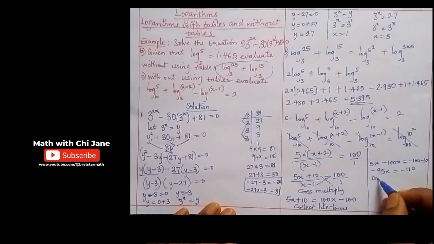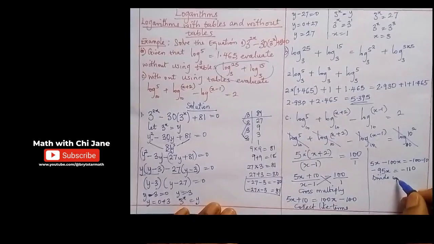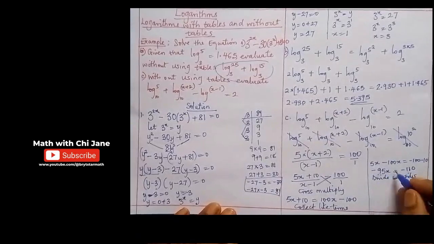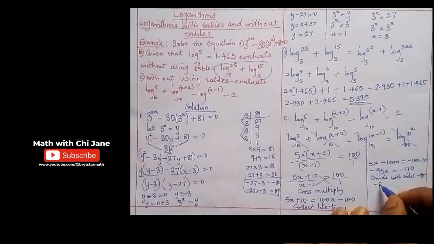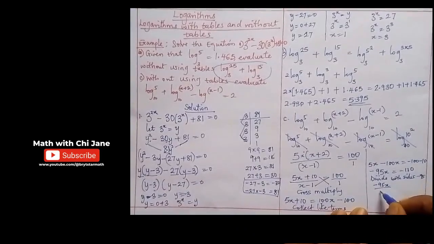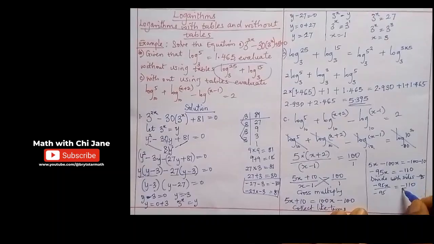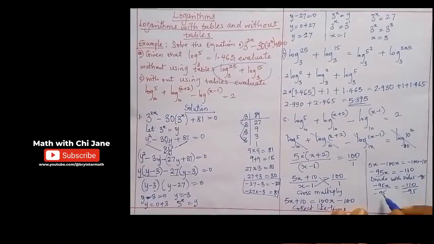So we divide both sides by the coefficient of x, which is minus 95. So minus 95x over minus 95 is equal to minus 110 over minus 95.